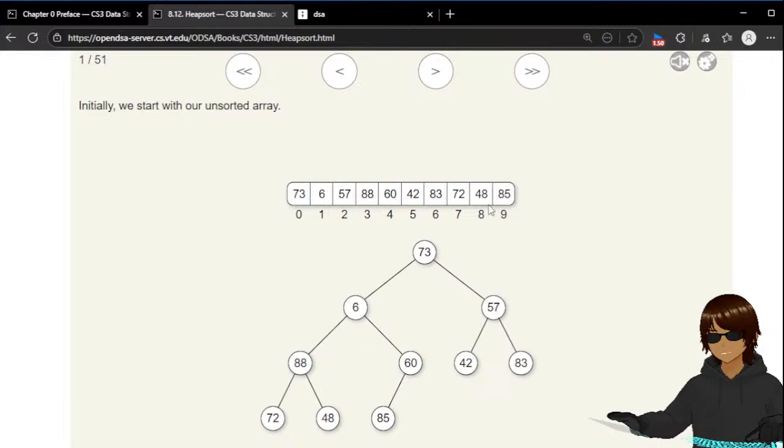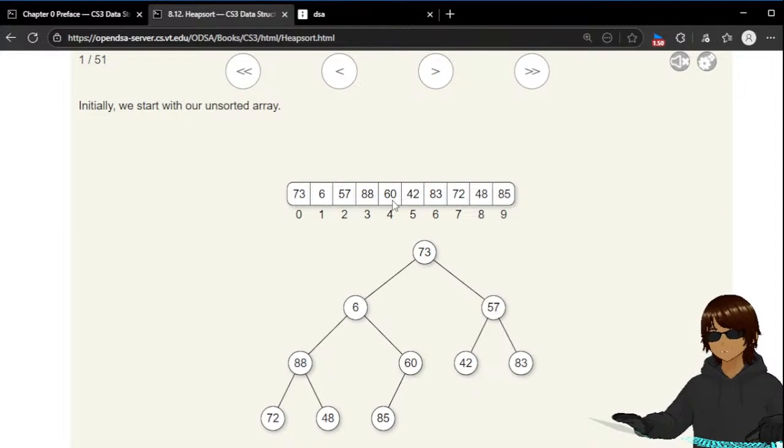So we start at the end of the array, 85, and we go 9 minus 1 divided by 2, 4, which is 60. If it's i, then the children are 2i plus 1 and 2i plus 2. Since this is the first child, we do minus 1, and then divided by 2, we have 60.